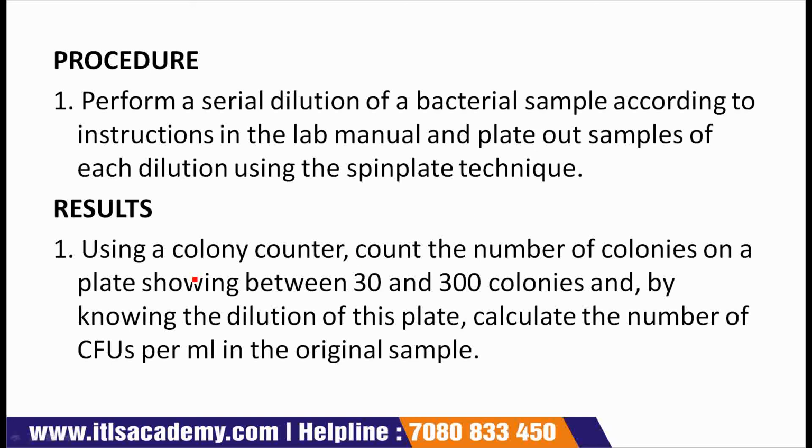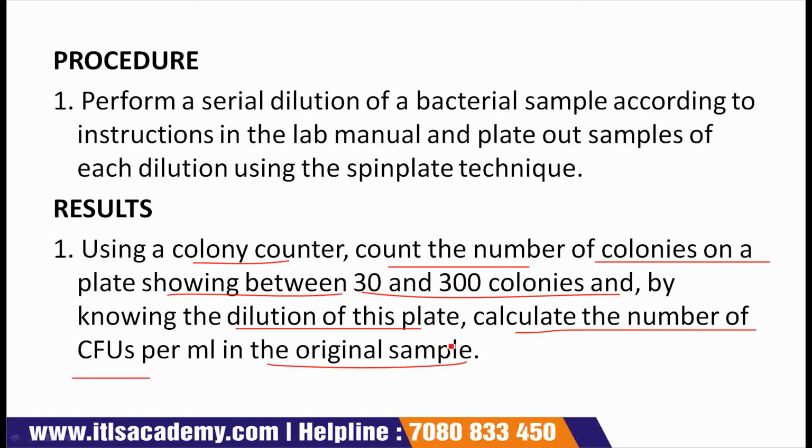So by use of a colony counter, count the number of colonies on a plate showing between 30 and 300 colonies. And by knowing the dilution of this plate, calculate the number of CFUs per ml in the original sample.